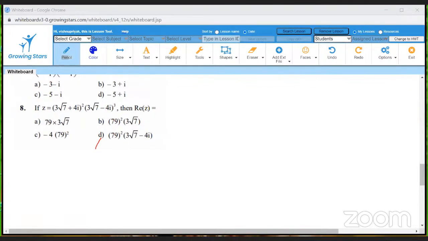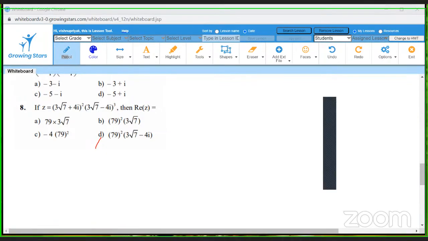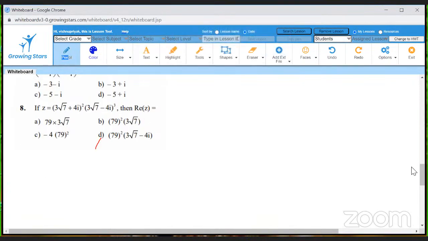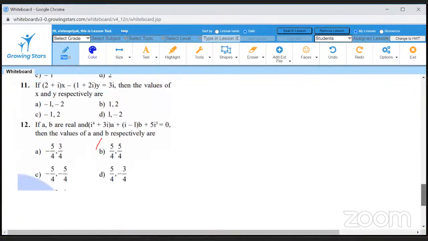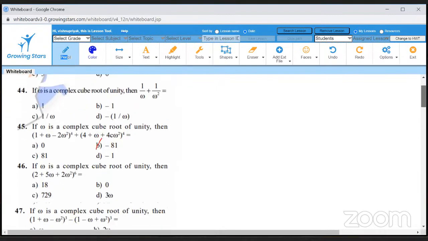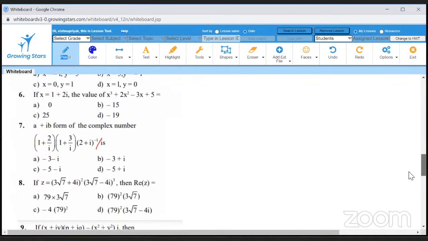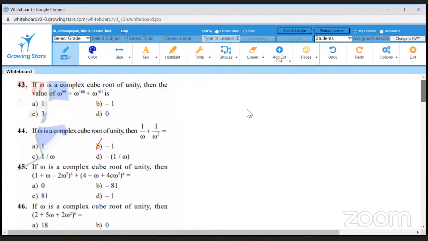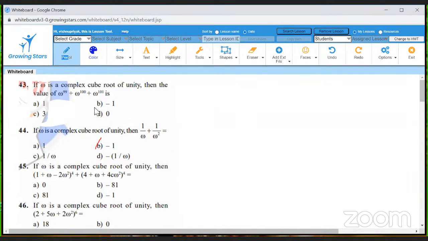More difficult level problems also I have. So these questions I have given you as homework from question number 43 up to 12. Try all of them.